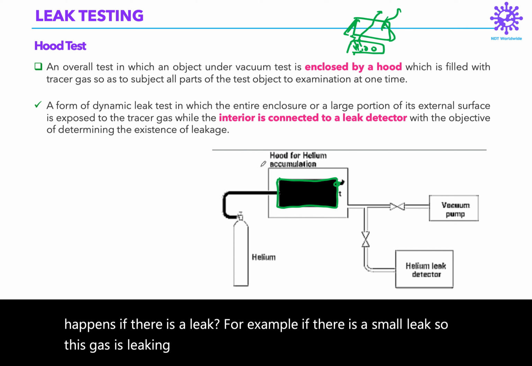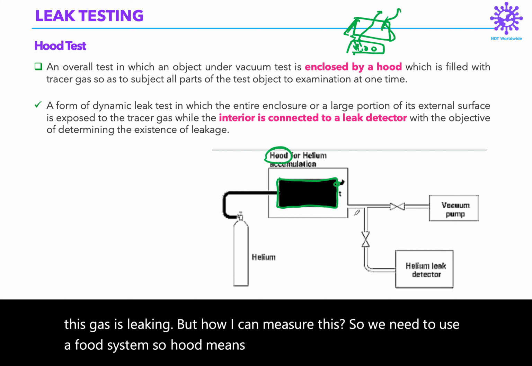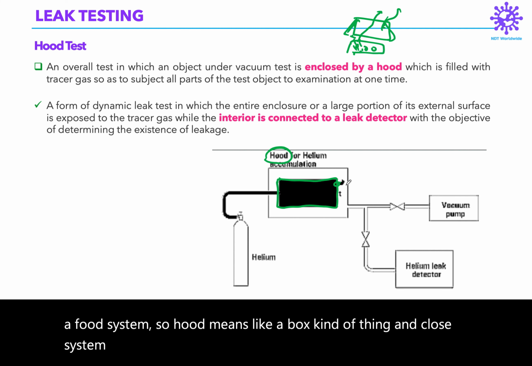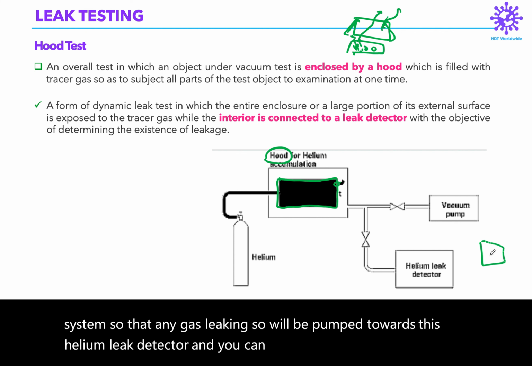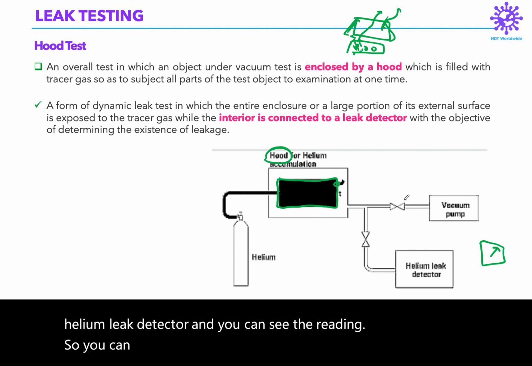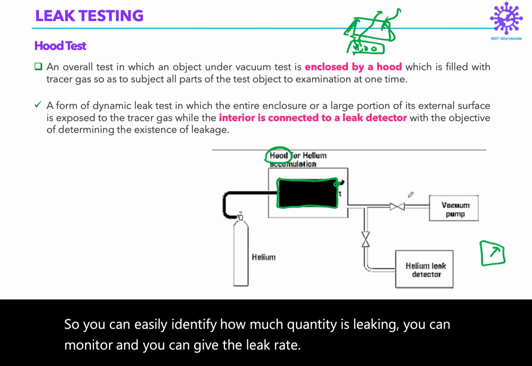How can I measure this? We need to use a hood system, an enclosed box kind of thing, so that any leaking gas will be pumped towards the helium leak detector, and you can see the reading. You can easily identify how much quantity is leaking, monitor it, and give the leak rate. So this is one technique.